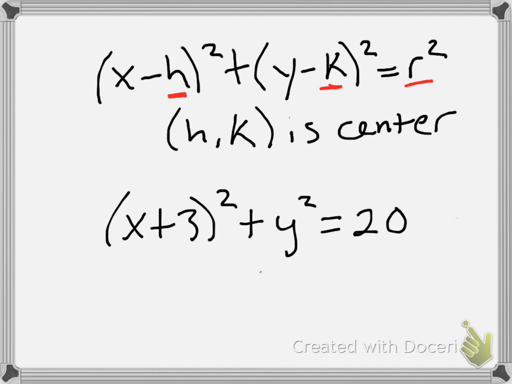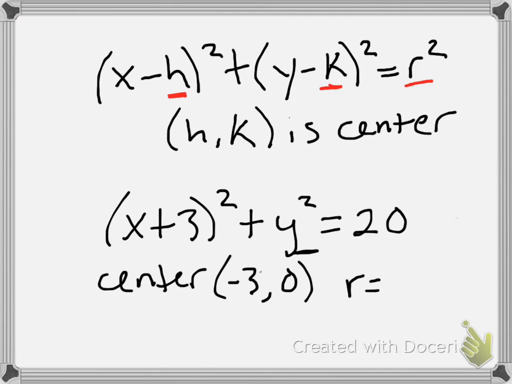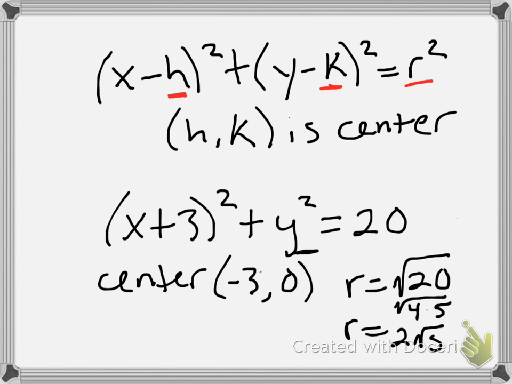I should see that the center, again with the opposite sign, is going to be -3. And since there's nothing with the y, it's just like having a 0. So it's at -3, 0. My radius is going to be the square root of 20. Sometimes it's not a perfect square, and then you break it down. That breaks down into the square root of 4 times 5. The square root of 4 is 2, so the radius is 2 square root of 5.